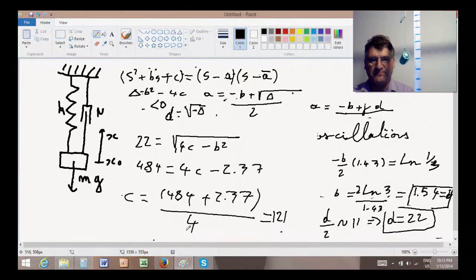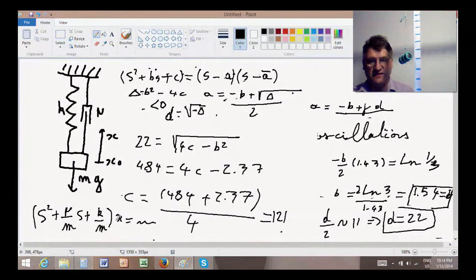So we're almost there. If you remember, this differential equation was of the kind s squared plus mu over m times s plus k over m times x0, where x was equal to something on the right hand side.